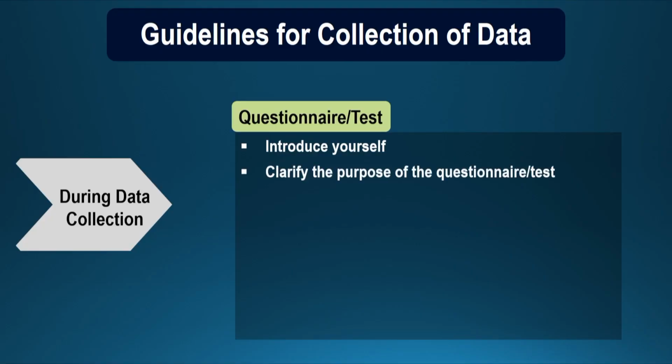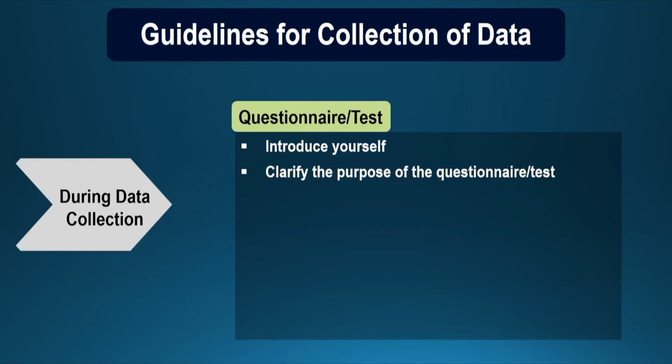The researcher must provide brief information about himself and the organization to which he or she belongs. Then the researcher must clarify the purpose of undertaking the research and also the purpose of the questionnaire or the test which is being administered.